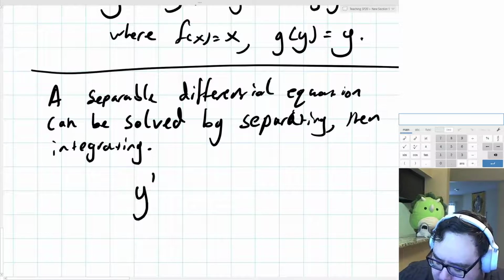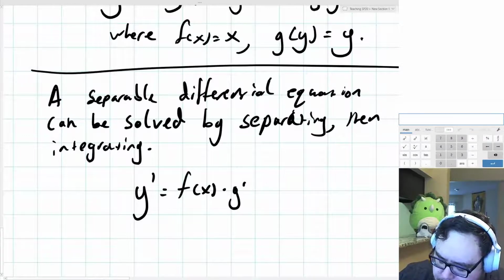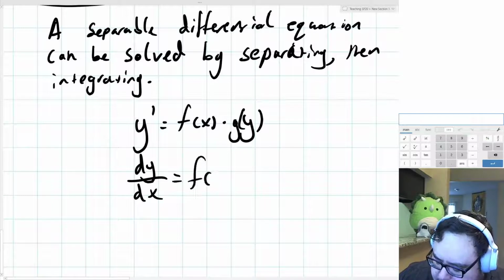That is, y prime is equal to f of x times g of y. We can rewrite this as dy over dx is equal to f of x times g of y.